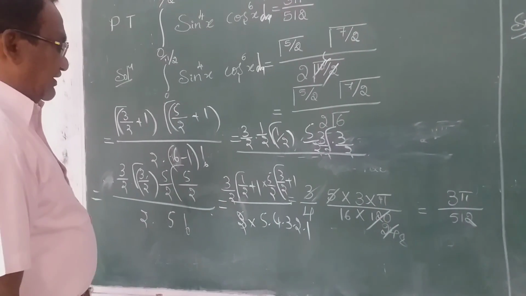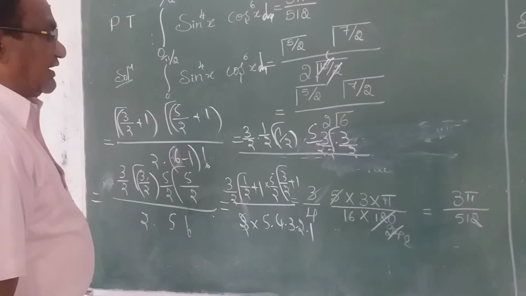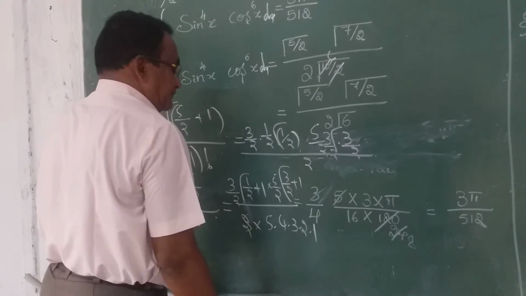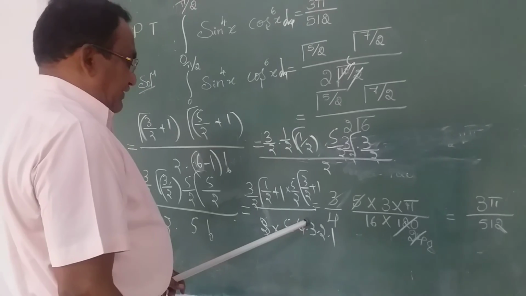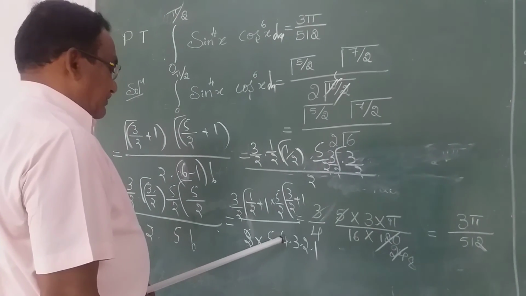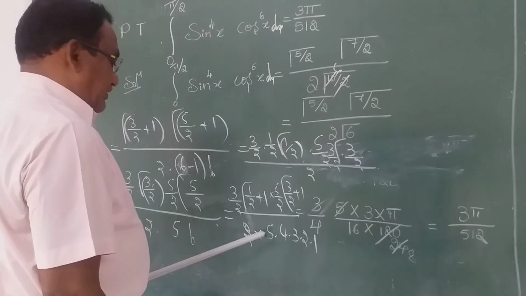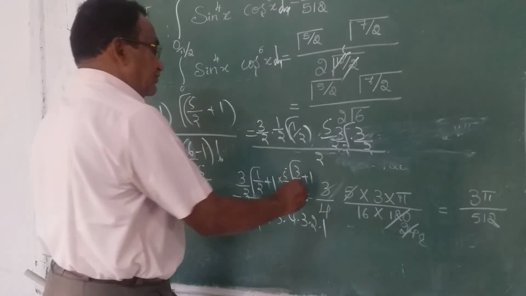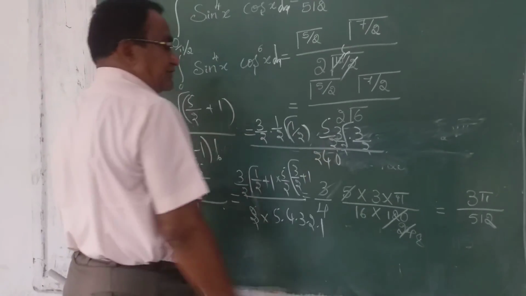So in the result we get 120 here, and this is 2 into 120, it is 240.